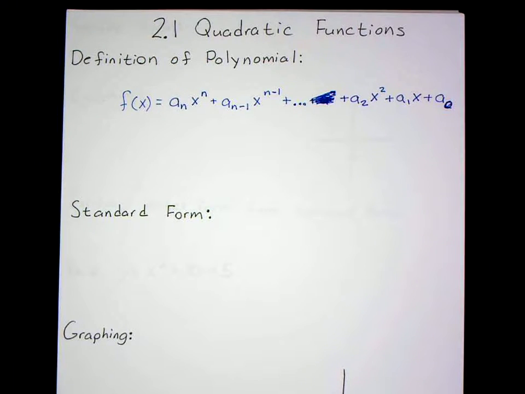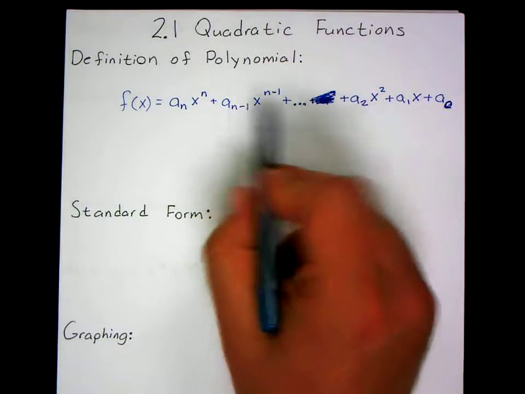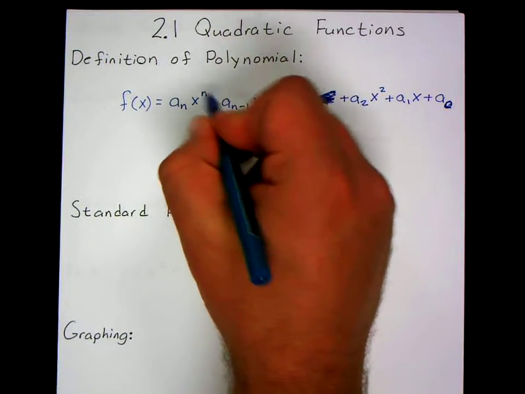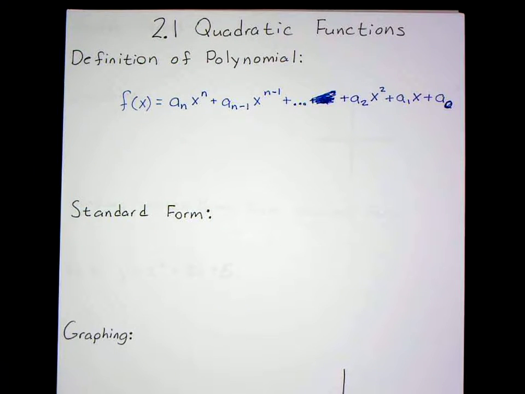The dot, dot, dot? Yeah, that's dot, dot, dot. The dot, dot, dot just means it continues. We don't know how many terms there are in here because this is for any integer n. Well, not for any integer n, any whole number n, sorry.